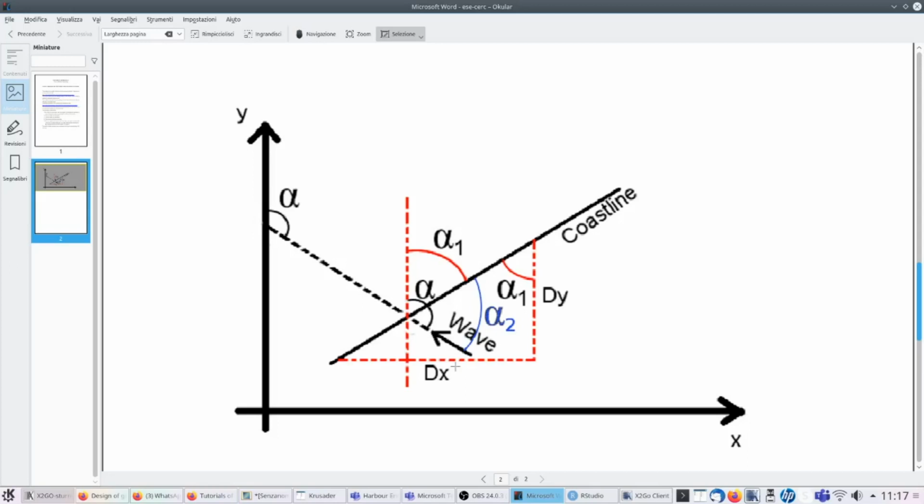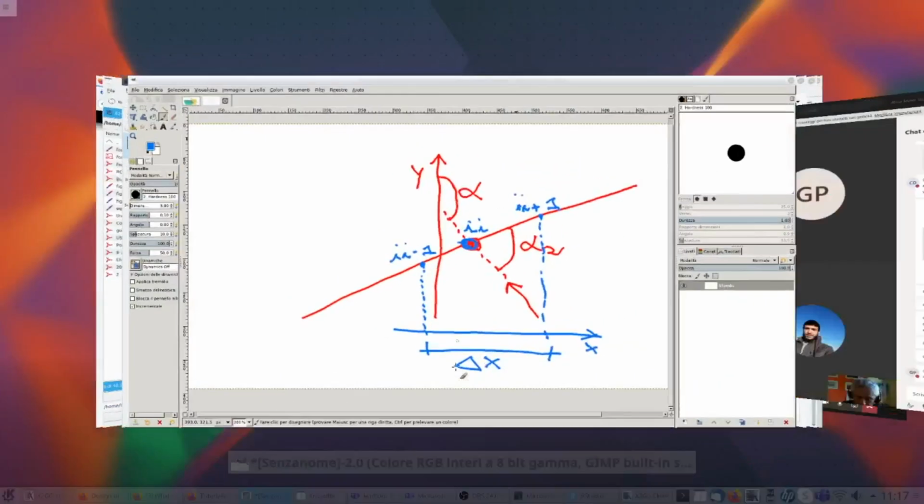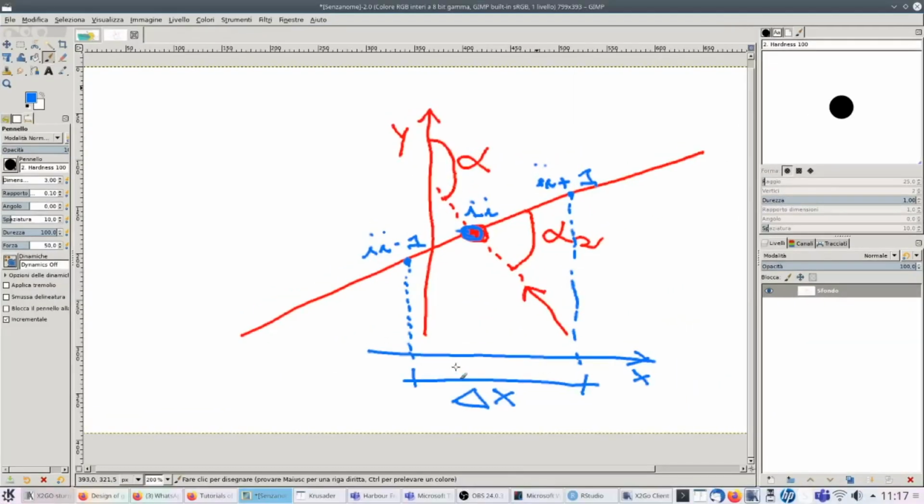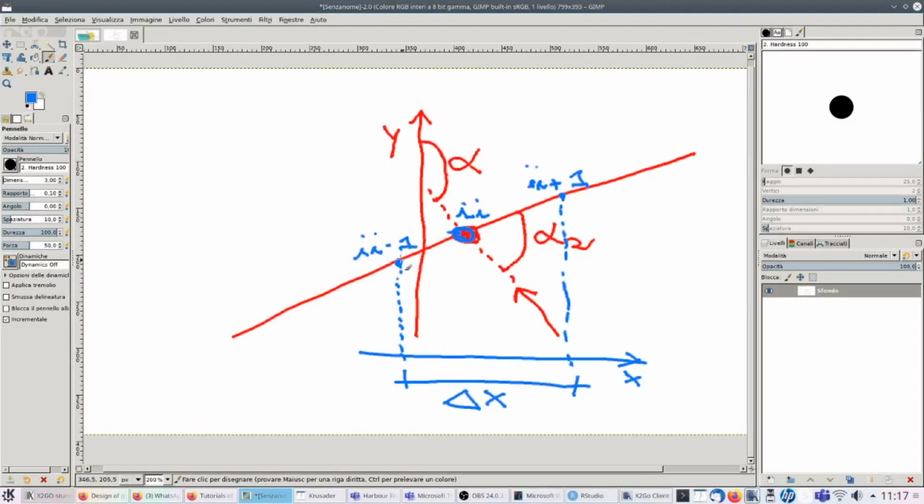So if I go back to my graphic representation, once I know this coordinate here, and this one, which is my delta y, so this is delta y, this is delta x, I can compute this angle here, which is alpha 1, which is the same angle here.